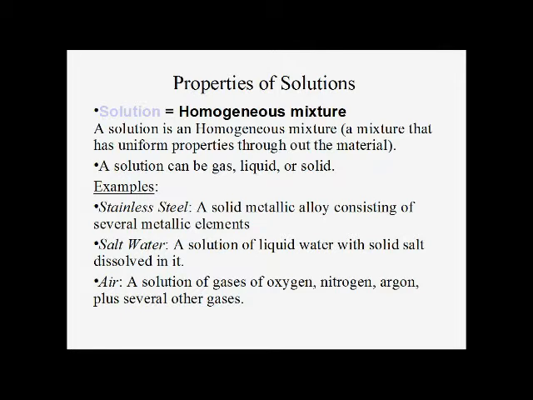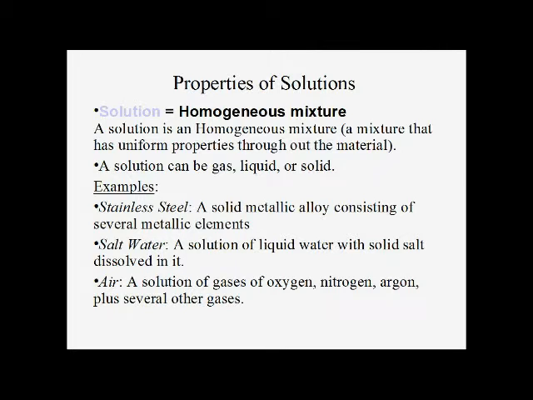So some examples of solutions. Stainless steel. It's a metal alloy. All metal alloys are solutions. They're solid solutions. They can contain several metallic elements in various ratios. The various ratios give us the various types of alloys. There's a bunch of stainless steels.